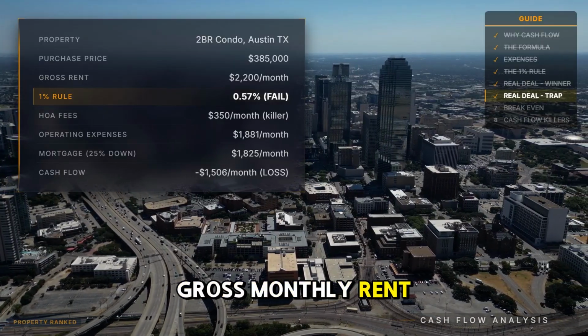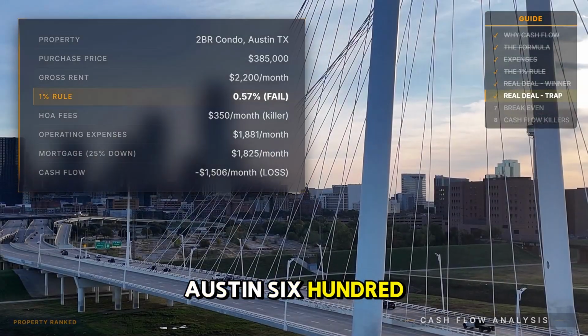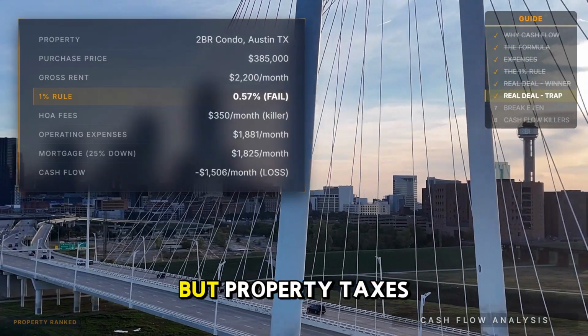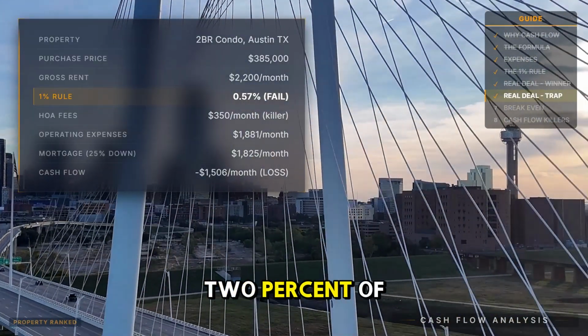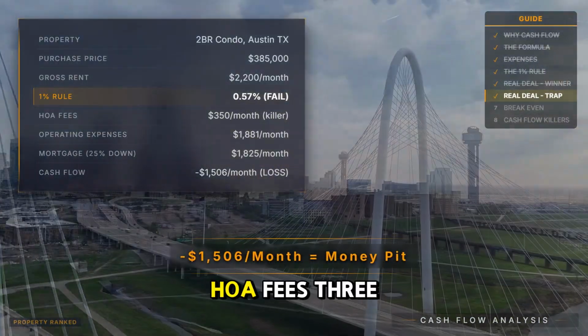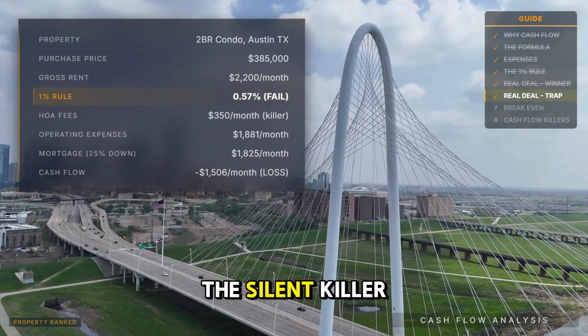Gross monthly rent: $2,200. Property taxes in Austin: $640 per month. Texas has no state income tax, but property taxes are brutal at 2% of value. Insurance, $130 per month. HOA fees, $350 per month. There it is, the silent killer.